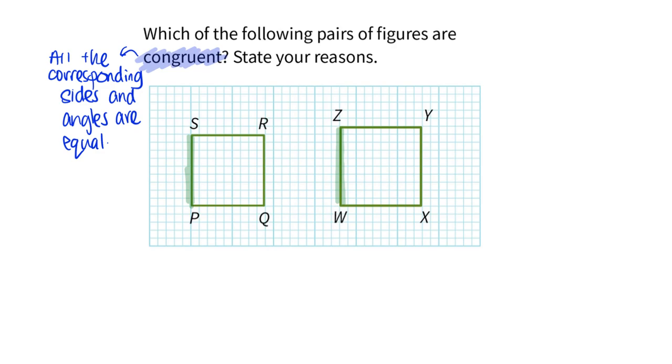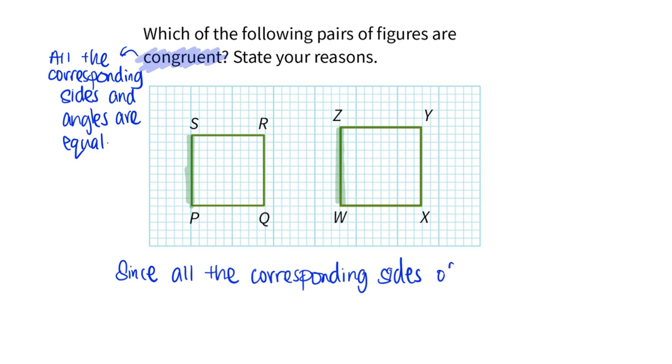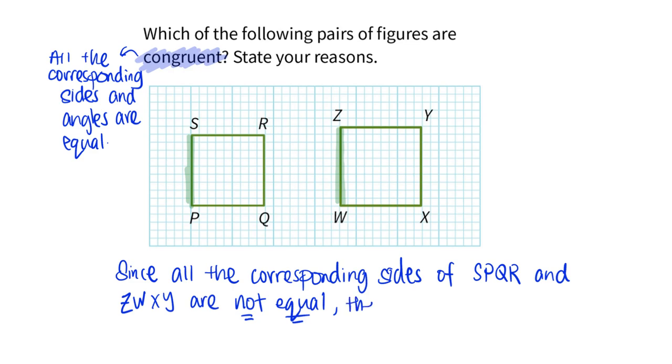WZ is longer than PS, and since all the corresponding sides of the above figures are not equal, meaning SP, QR, and ZW, XY are not equal, they are not congruent.